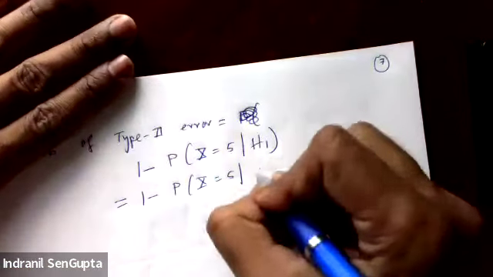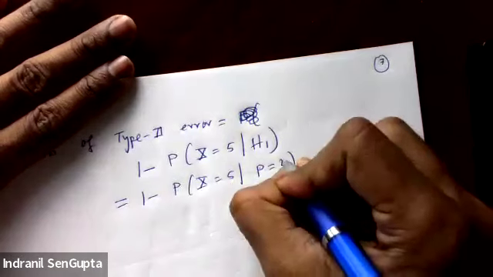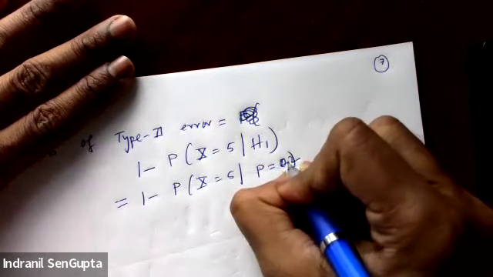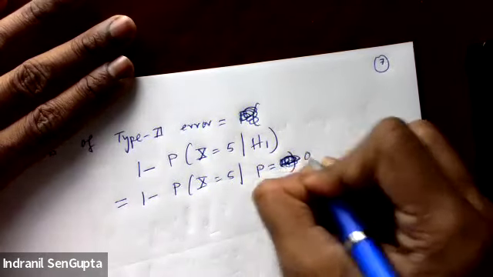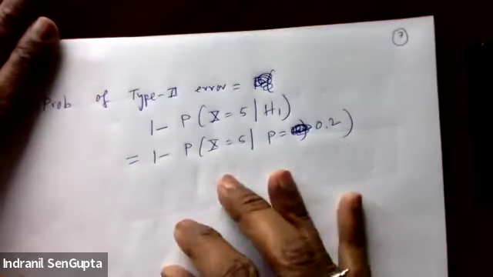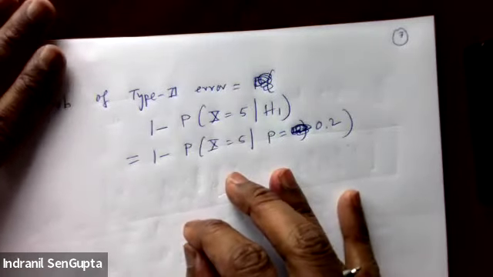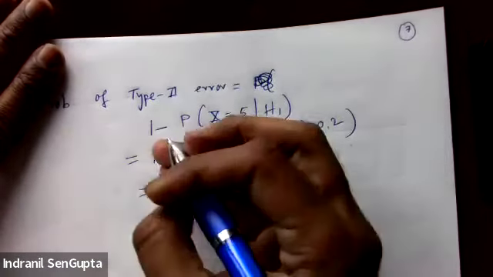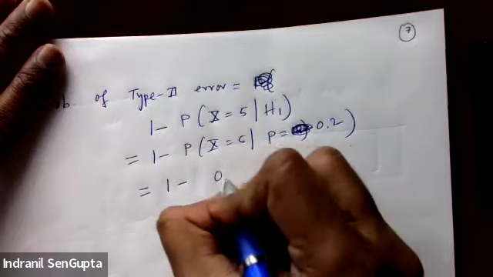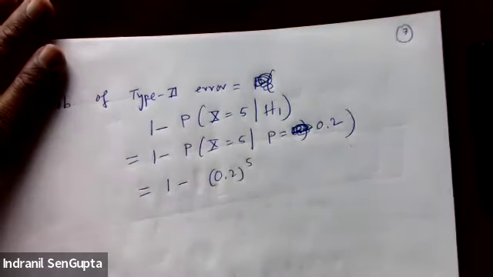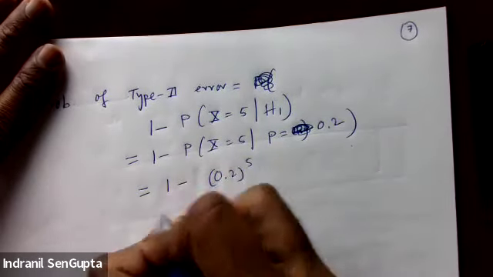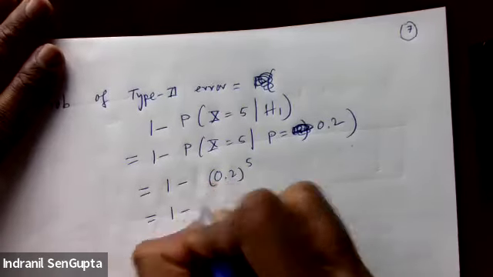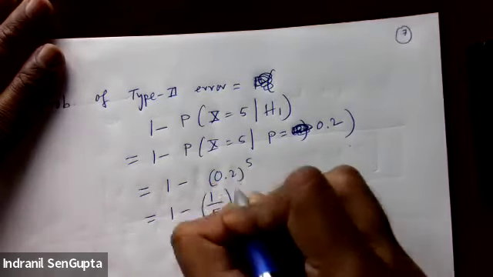So here it is going to be 1 minus 0.2 to the 5, just like the previous computation. If you compute this, it's basically 1 minus 1 over 5 to the 5.